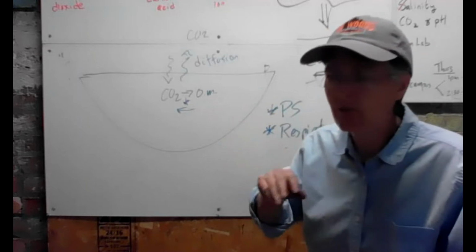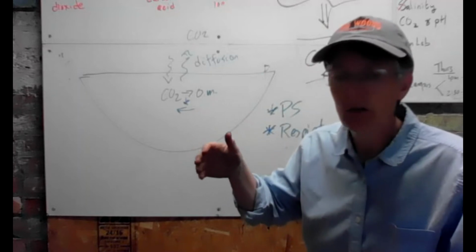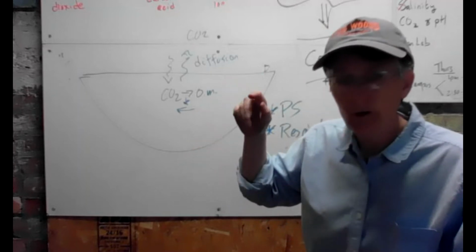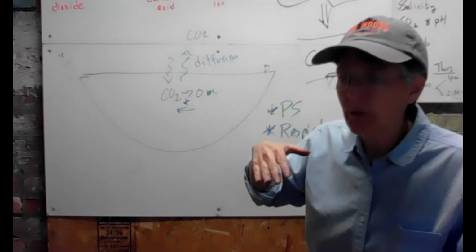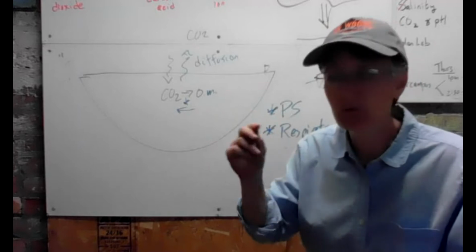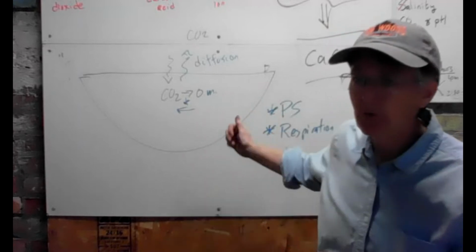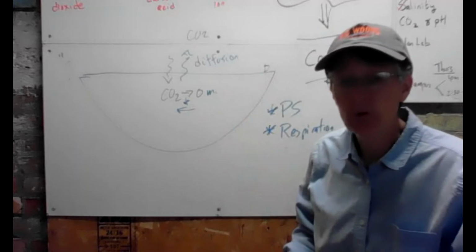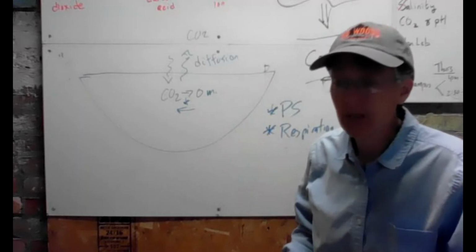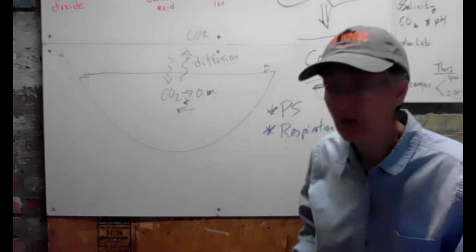Sun goes down, photosynthesis stops, respiration just keeps chugging along, and the pH will gradually come back down. So moment to moment, hour to hour, photosynthesis and respiration control the carbon dioxide concentration of a lake, and therefore the pH.